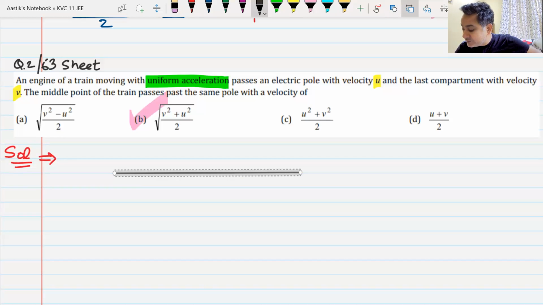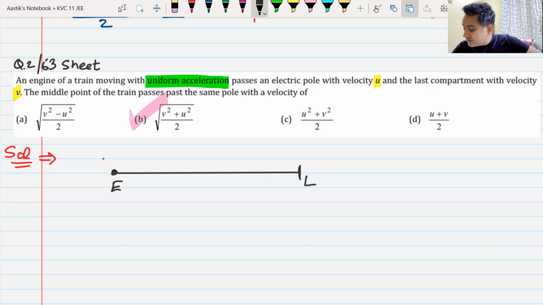Let us assume that this is the engine of the train. Or let me not write it as A, let me write it as E. E is the engine of the train. And this is the tail, or the last compartment, L. The engine of the train and the last compartment.